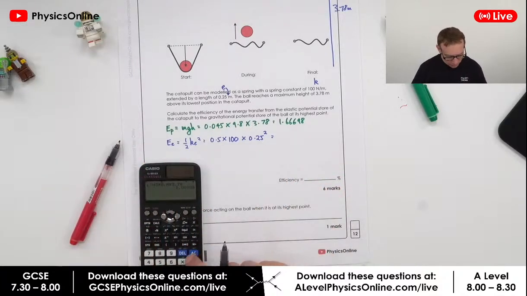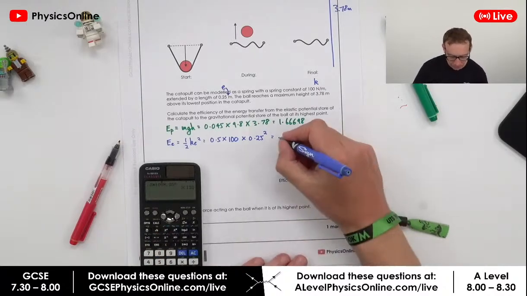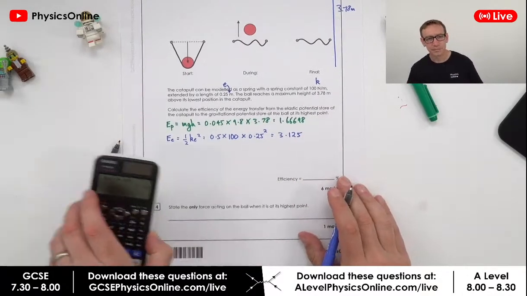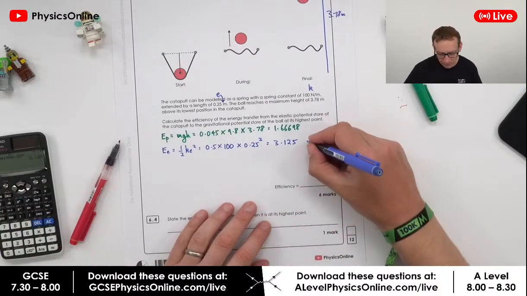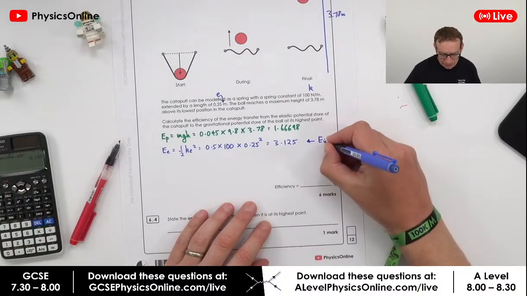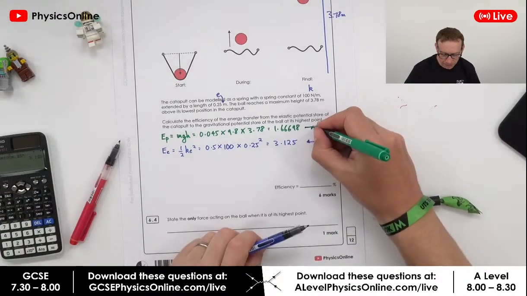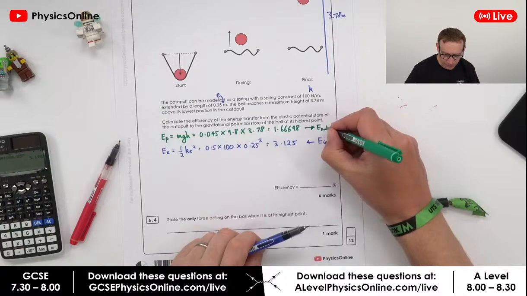So 0.5 times 100 times 0.25 squared is equal to 3.125. Effectively, that's the amount of energy we put into that system, the energy transferred to it as we're pulling that spring down. And this here is going to be the amount of energy out.